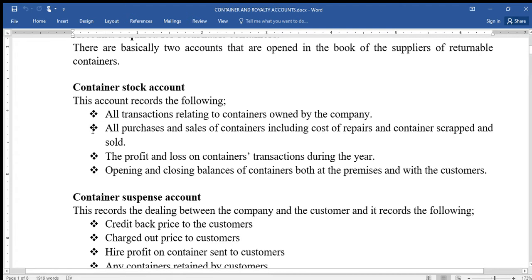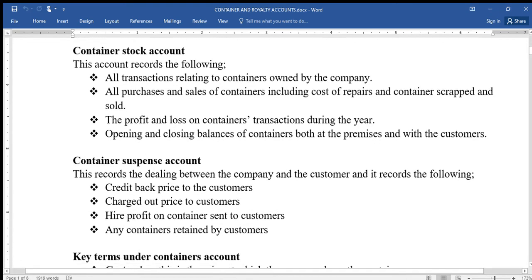Then it also records all the purchases and sales of containers, including the cost of repairs, containers scrapped and sold. And then it also records the profit and loss on containers transactions during the year. Then lastly, it records the opening and closing balances of containers, both at the premises and with the customers. That is the container stock account.